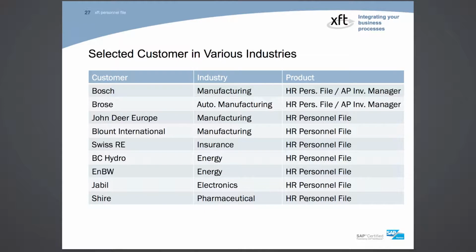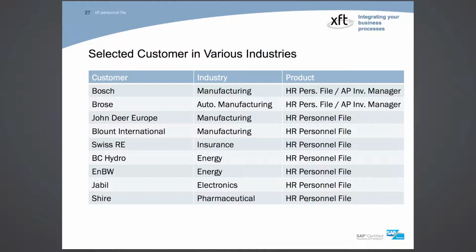A few selected customers in many different industries. Bosch in the manufacturing industry is using our personnel file and AP invoice management module. Brose, also automobile manufacturing, personnel file and invoice manager. John Deere manufacturing, Blount International manufacturing in Portland, John Deere in Europe, but also the same John Deere you're familiar with here in the US.